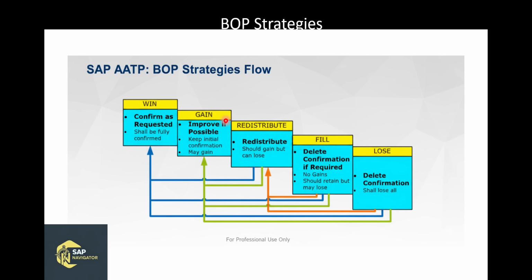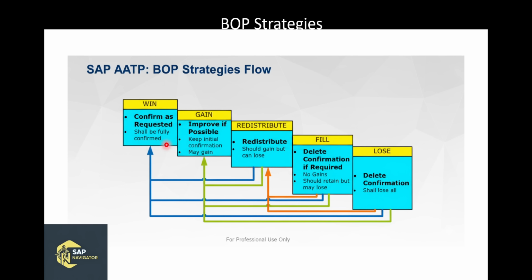So that's how these strategies work. One more thing: you can see the arrow marks. This blue arrow mark is for the win category. You can see the win category will get quantity from redistribute, fill and lose. It won't get from the gain category because gain never loses. If there is any possibility, it will gain, otherwise it won't lose.